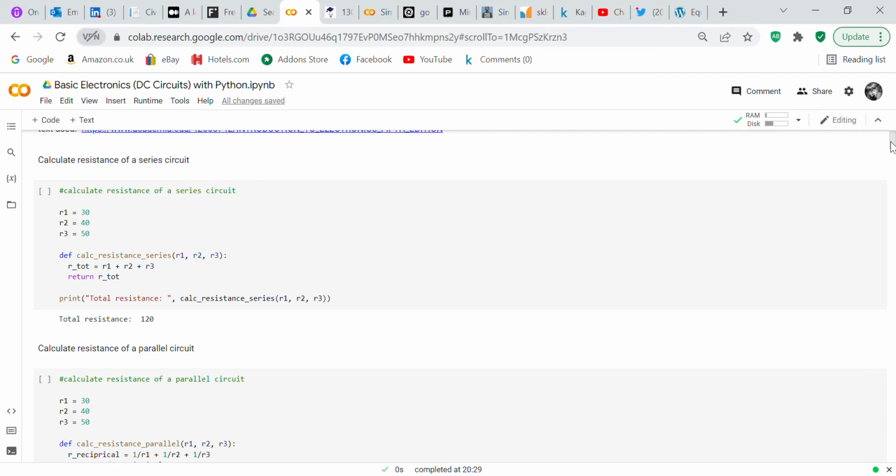So R tot equals R1 plus R2 plus R3, and then you return R tot. And that is your function. So you print total resistance, and then you call the function calc resistance series, taking R1, R2, R3 as input, and you have a total resistance of 120.